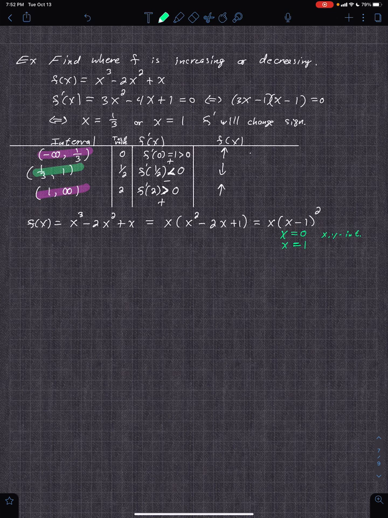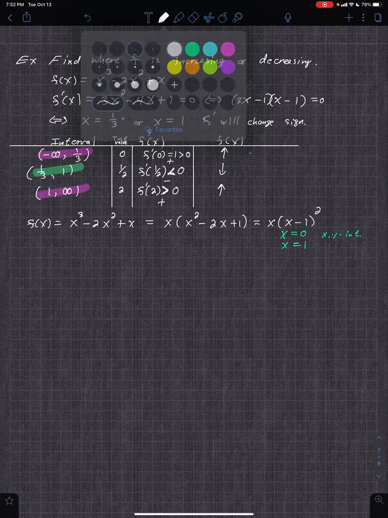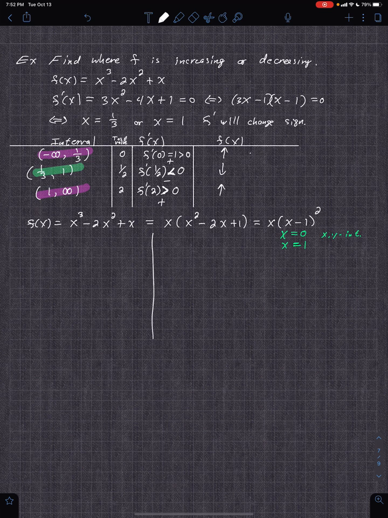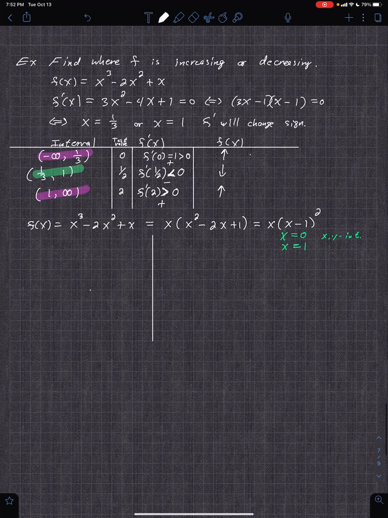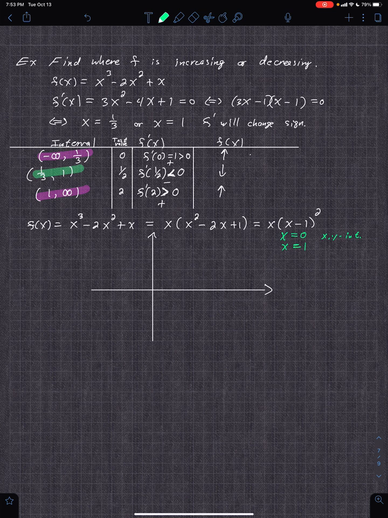Okay, and so when you graph it, we know because this is positive and that's odd, it goes up on this side and down on this side. So it's going to go through 0, 0, and then go through or bounce off 1.